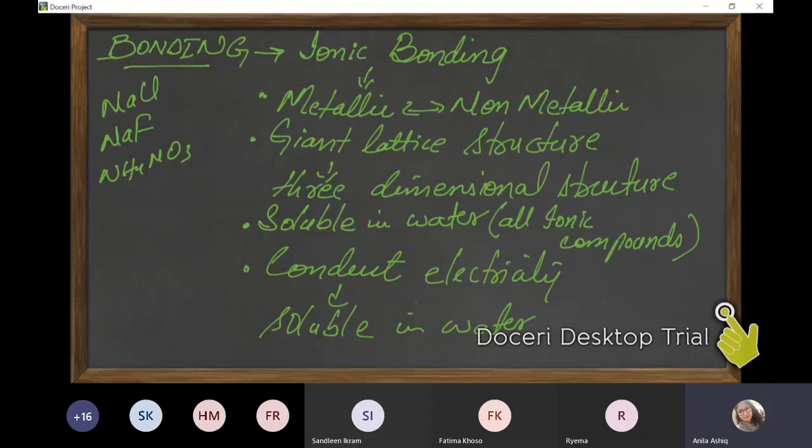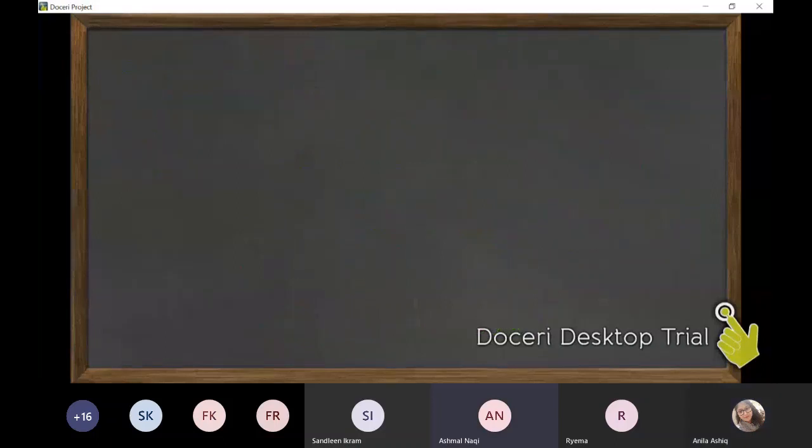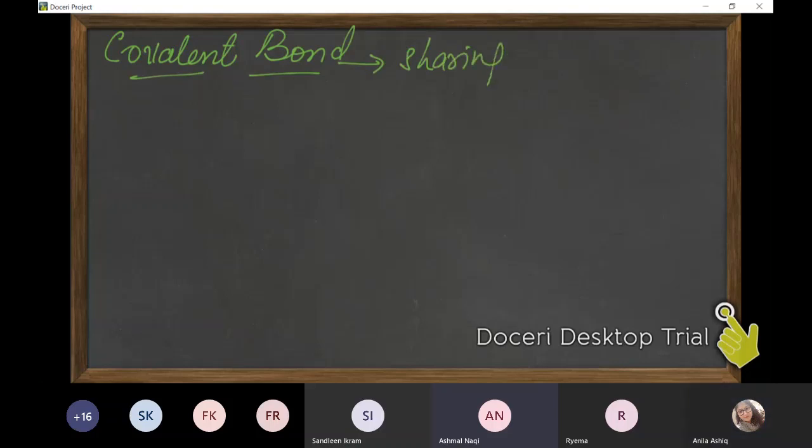Tell us about what we have studied after ionic bonding. After ionic bonding, we studied covalent bonding. In covalent bonding, we studied that it's basically when two atoms come together to share electrons to become a molecule, or as we can call it, a covalent bond.